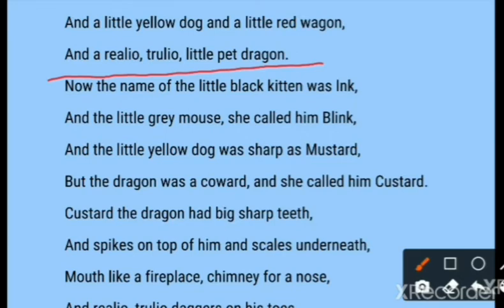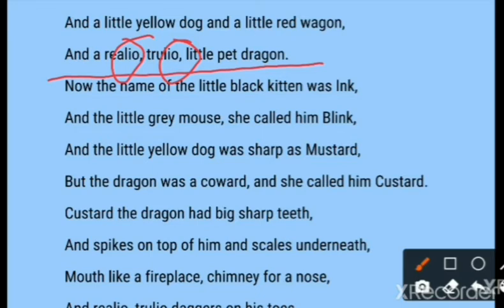He has put in words like relio and trulio, and in these words we find assonance, the similar vowel sounds of eo. That is what we call the technique of assonance.